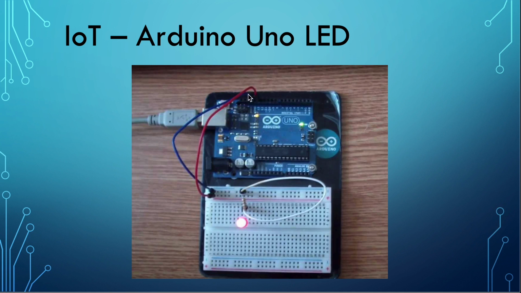You can see the wires are being connected to the breadboard itself. Then we have the LED bulb, we have a resistor over here, we have slot number 13 giving power. Then we have the ground as well, and so on and so forth.